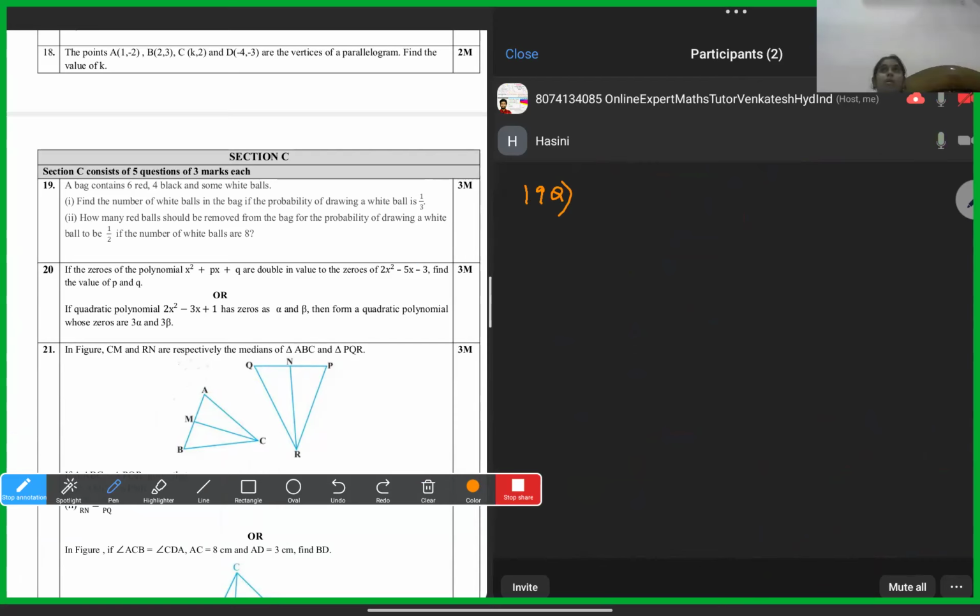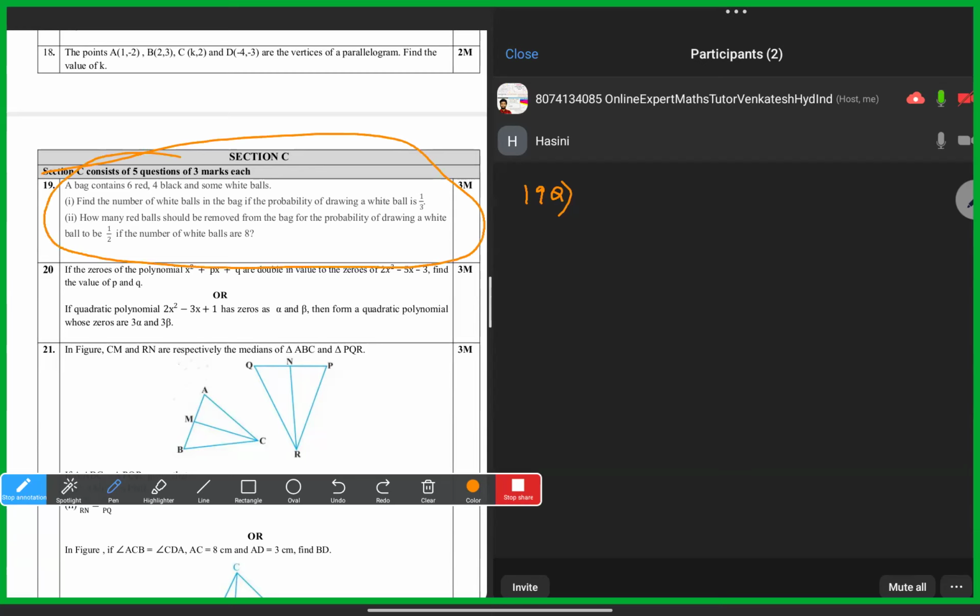So now, this is a question where algebra is linked with the probability chapter. Very rarely, most of the time, they are giving direct questions. This type of question they used to give some years back. Most of the time they're giving direct questions in the probability chapter, and 3 markers are also easy to score. But we should be ready to do this type of ones also. The number of white balls is not given, so generally we take it as x, as in algebra chapters.